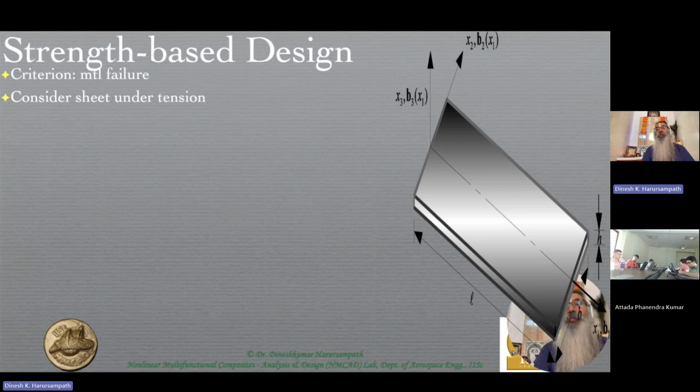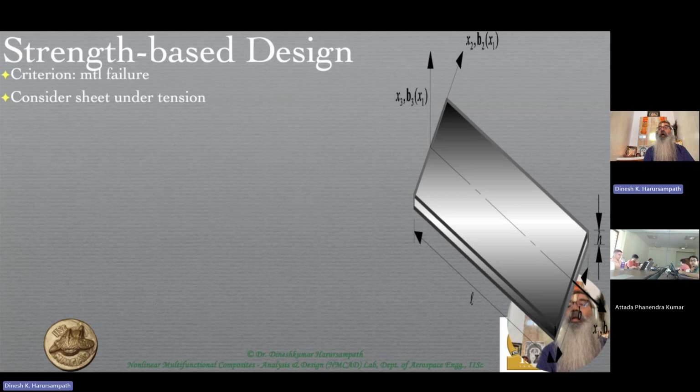For example, if you're dealing with this as a plate, then the x3 direction that you see over here becomes the shortest dimension, because it ranges from minus h by 2 to plus h by 2 along b3, right? So the total distance traversed through the material is h. So you see that is the smaller dimension.